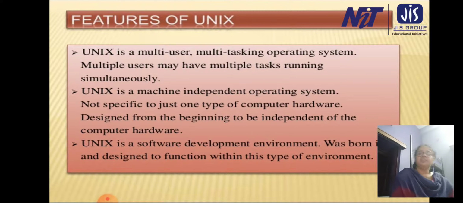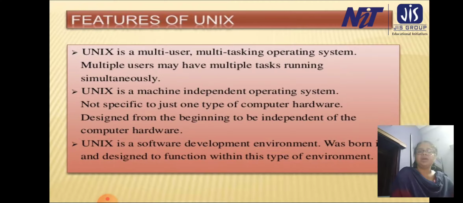Features of Unix. Unix is a multi-user, multitasking operating system. Multiple users may have multiple tasks running simultaneously. Unix is a machine-independent operating system, not specific to just one type of computer hardware.